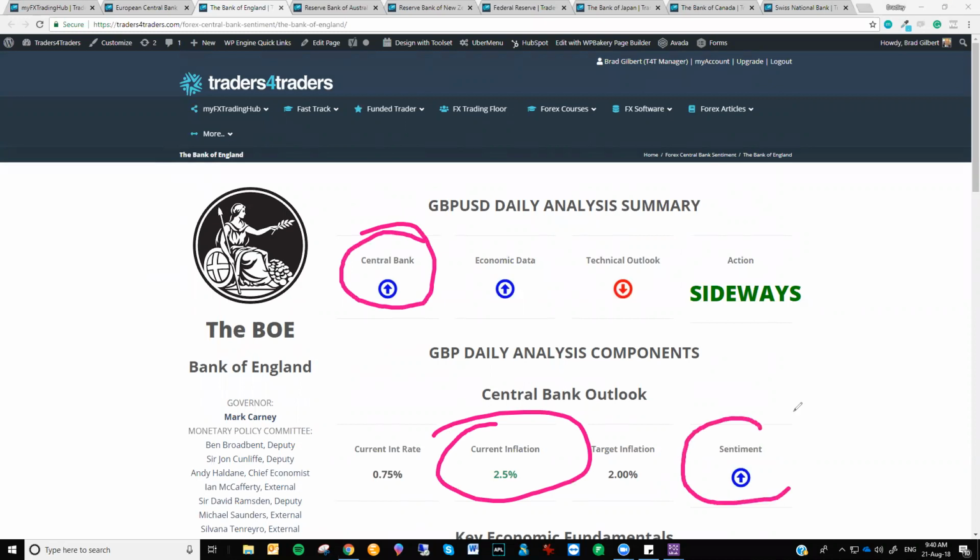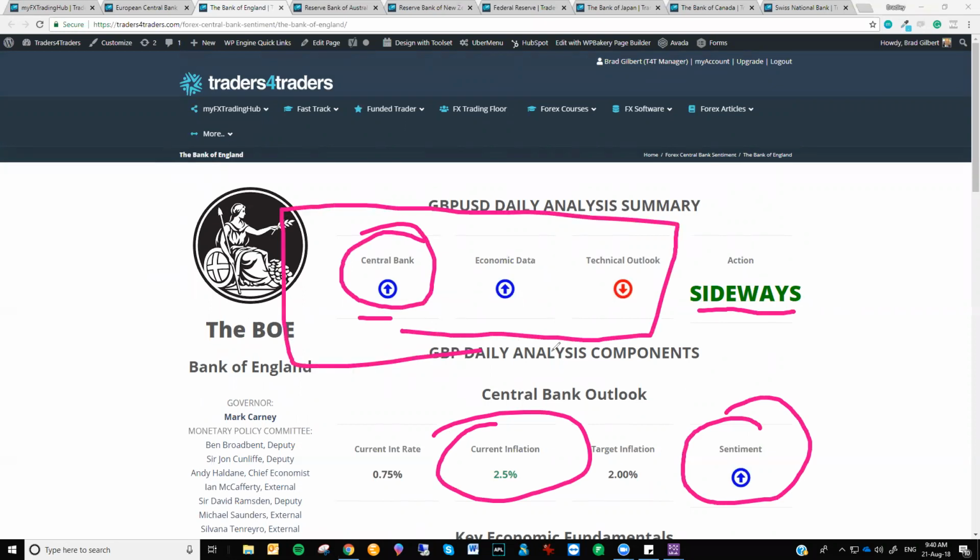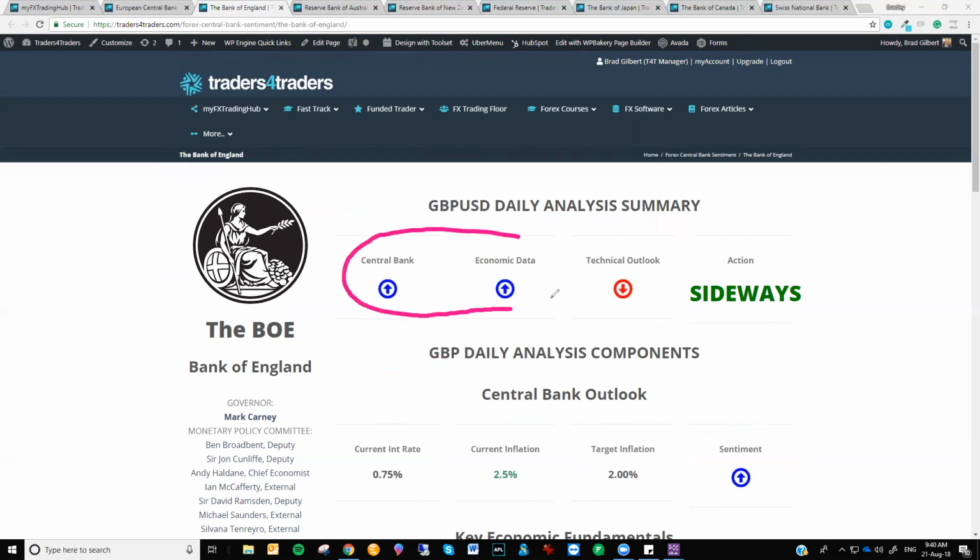The sentiment from that interest rate and inflation numbers gives the central bank a hawkish bias. They look like they're going to have to raise interest rates again. The currency at the moment is sideways, and it's only because these three things don't line up yet. As I just explained, the central bank and the economic data determine direction, and the last thing to join in is the technical outlook.